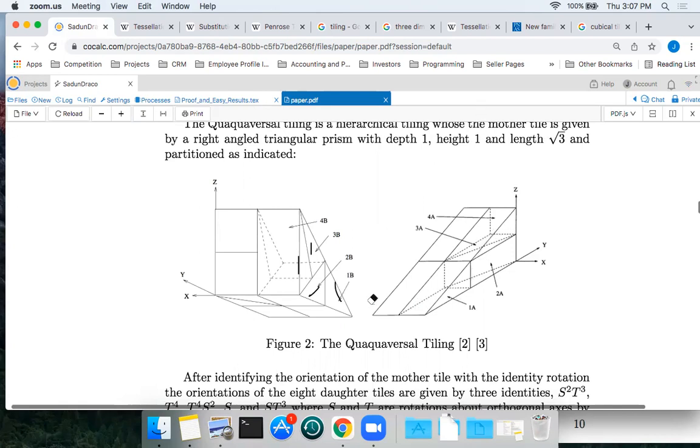And the rotations are given by, so there are 3 identity rotations. So here's an identity, here's an identity. And here's 1, that's it. And 5 other rotations.